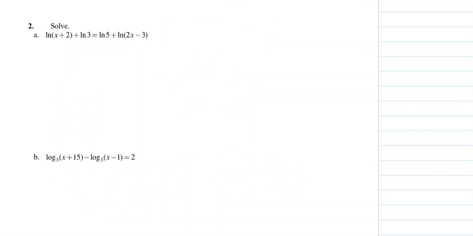Here are 2 more examples of logarithmic equations. An equation, again, is logarithmic if there's a variable inside a logarithm, which we do have here. And I have a couple of ln's on the left and some ln's on the right, so I am going to use that property that says if I have log base b of x equals log base b of y, I can just drop the logs and I get x equals y.